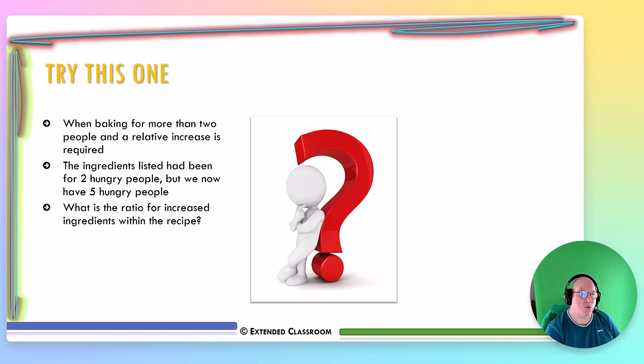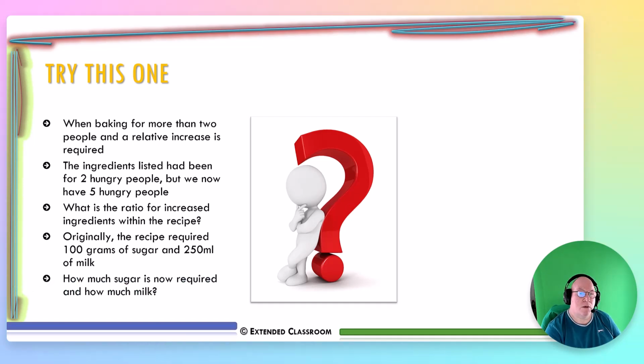So what's the ratio that we're working upon? The original recipe would require 100 grams of sugar and 250 millilitres of milk. How much sugar is now required and how much milk if we're going from 2 people to 5? Pause the video, give it a wee try, and then come back for the answer. Do try it first though.